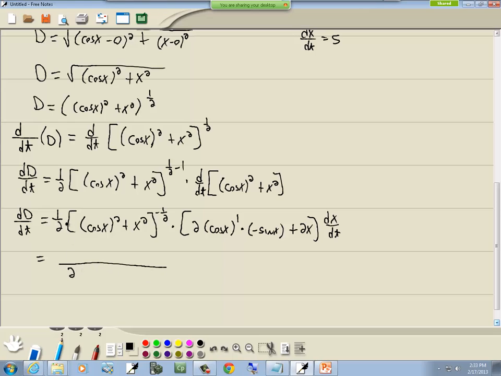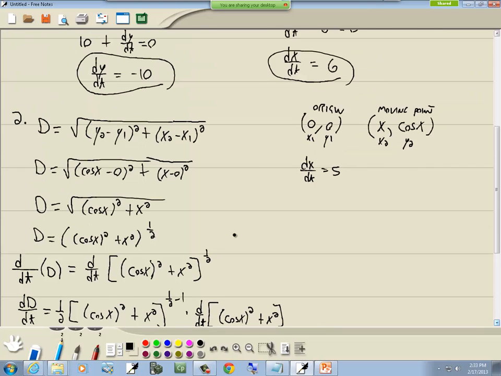Got a 2 downstairs. This negative power goes down below. So we got cosine x squared plus x squared, all of it to the positive 1/2. This is going to go up on top, so we got a negative 2 cosine x sine x plus 2x, and then dx dt.